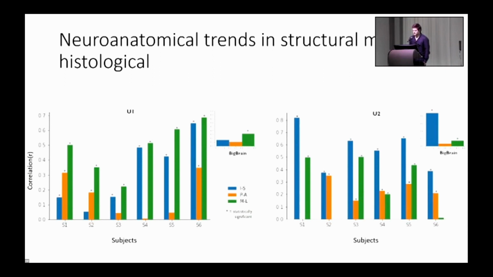When correlating the UMAP components of each subject across the 3 coordinate axes, we find very similar neuroanatomical trends in all subjects to those found in histological space, where the U1 vector is primarily and significantly correlated to the medial lateral axis, and the U2 is primarily correlated to the inferior superior axis, as well as significantly correlated to the medial lateral axis. With these findings being consistent across all 6 subjects, there seems to be quite good generalizability of our approach from histology to in vivo in amygdala microstructure.